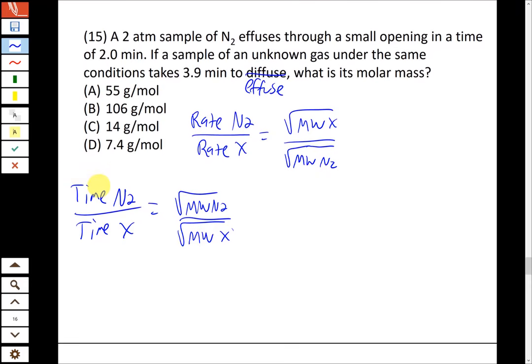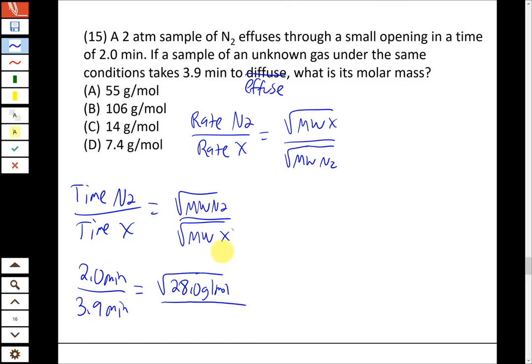So the time that it takes for N2 to effuse is 2.0 minutes. The time that it takes for the unknown is 3.9. It took longer to leak, so that means it's moving slower, which means it's a heavier gas. So it should be bigger than the molar mass of nitrogen. And then on the right side, we have the molar mass of nitrogen, which is 28.0.